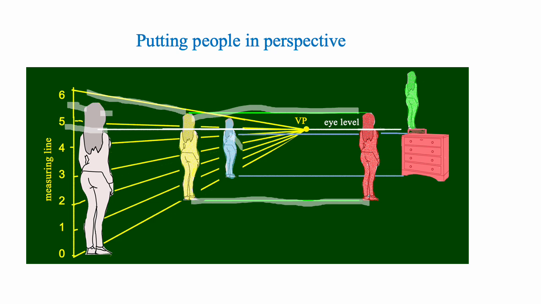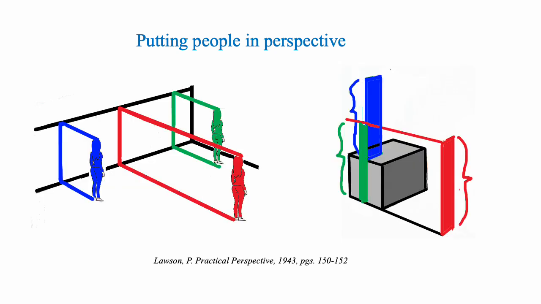And the blue one is going to be as big as the green one, because if the green one weren't standing on the bureau, she would be right here, so she would be in line with the feet of the blue person. To find the size of figures distributed around a room, draw converging lines to the wall so that these vertical lines are the same size.